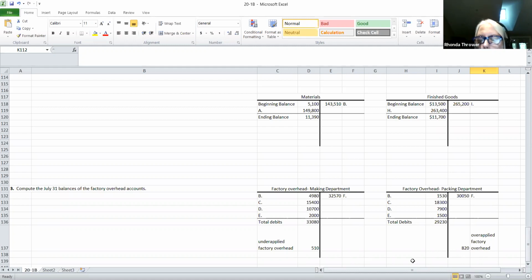They did not ask us to do the journal entry for that, but I do think it's important that you know that the under-applied or the over-applied factory overhead balance has to be transferred to cost of goods sold when it's closed out at the end of the year. I didn't show you how to do it, but I do think it's important that you know how to do that. So I wanted to talk to you about it at least.